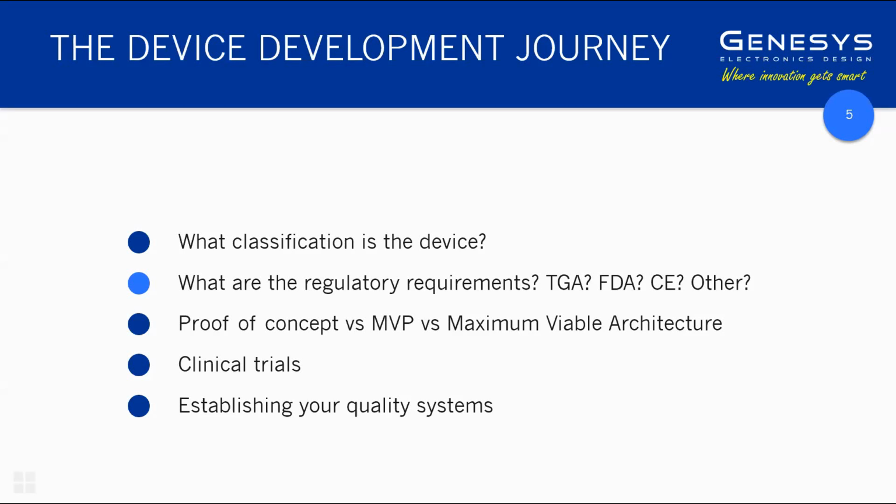And quite often when people approach Genesis with an idea for a product, they come with a fairly naive idea that they just want the product. They want to be able to use it for themselves, quite often for, say, a chain of cosmetic stores, for example.